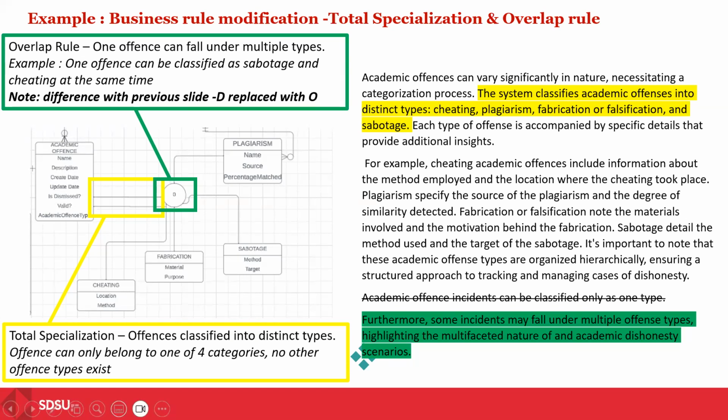For example, fabrication can be a sabotage at the same time if possible, or plagiarism can also be considered cheating. Again, this is not part of your original requirements; I just added it to show you the difference. That will change the disjoint rule into an overlap rule, but that is not our original requirements. It's just an example to show you that it can be overlapped too.